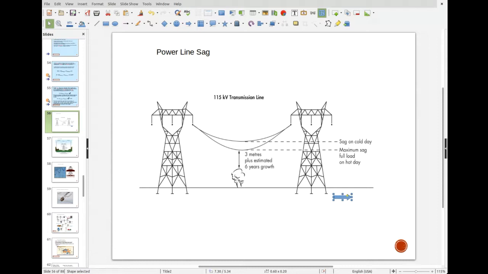So what happens is, if one line goes down, they do have circuit breakers on those different lines, and the rest of them have to try to take that slack up.